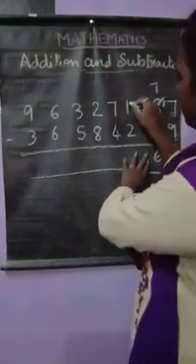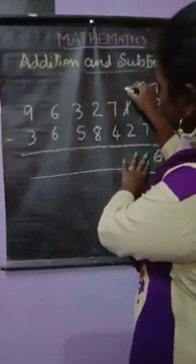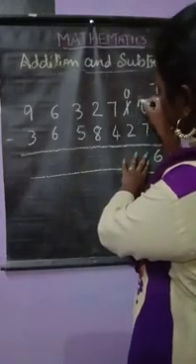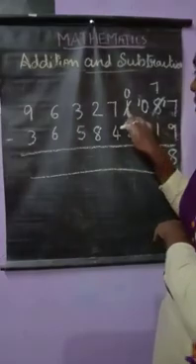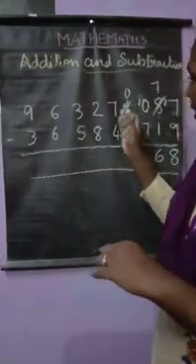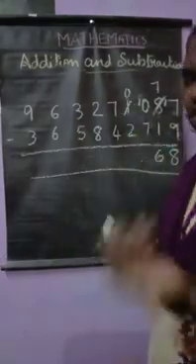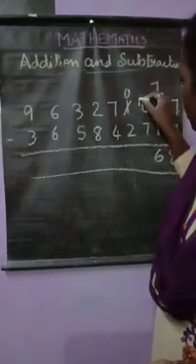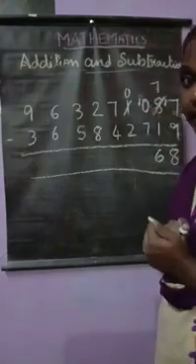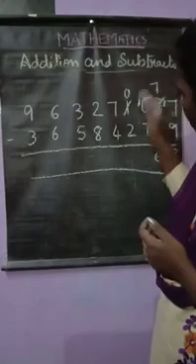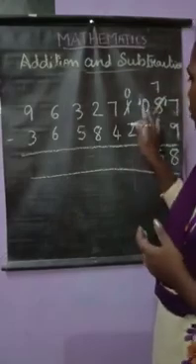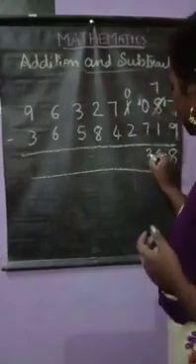So I am taking one carry from here. This becomes 0 first, because the number itself is 1, and if I take one carry the number becomes 0. Now 0 becomes 10. 10 minus 7 is 3.